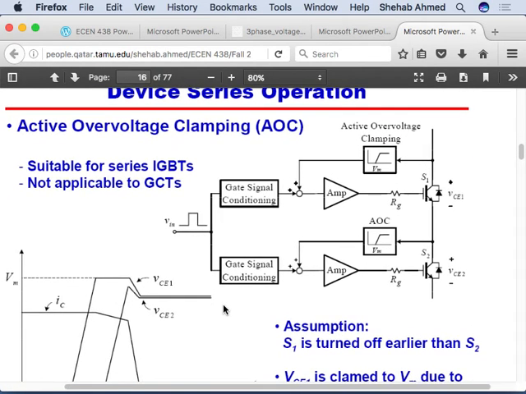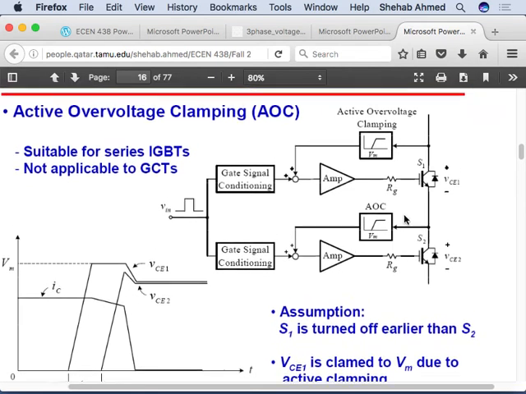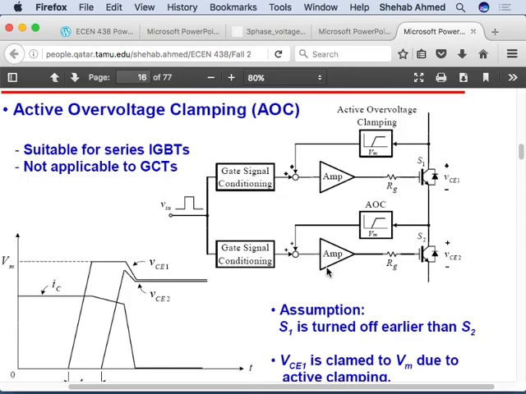Another way to do it is by controlling the gates. You have 2 devices in series. You now have complicated gate drives to make sure that this doesn't happen. So if this is the 2 devices turning on at different times, here 2 devices turning off at different times. These circuits would measure, for example, the voltage across the switch.